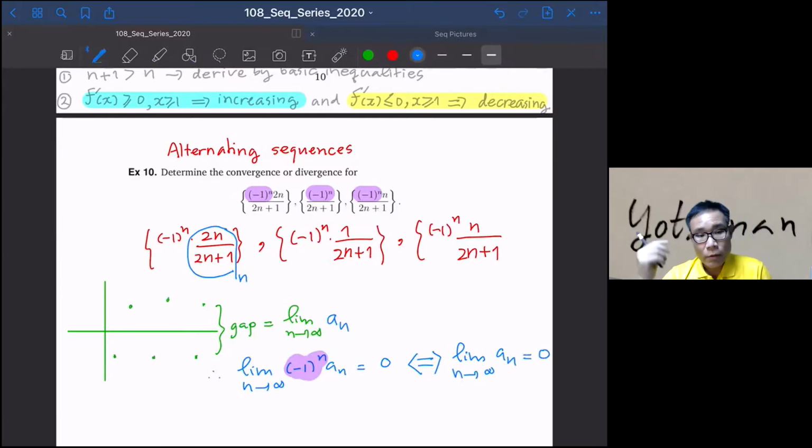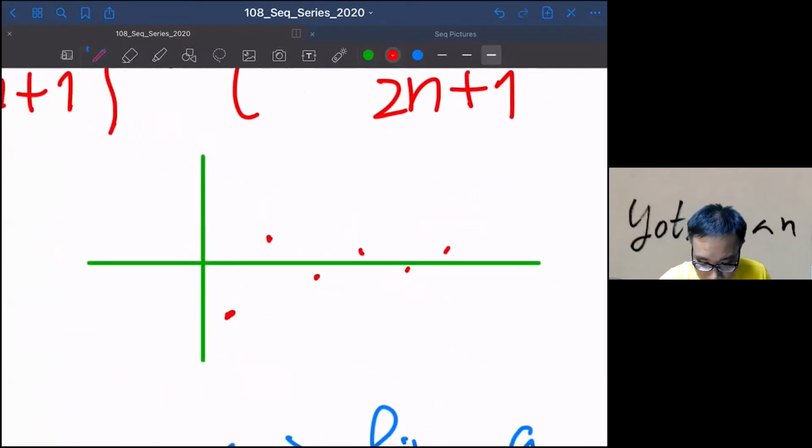So when you have this limit, the behavior turns out to be the behavior of the gap, and you need the limit to exist. The limit existing means that the gap becomes 0, and it looks something like this: somewhere here, somewhere up here, somewhere out here, this here, and this here.